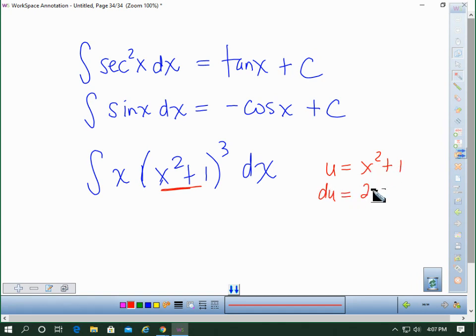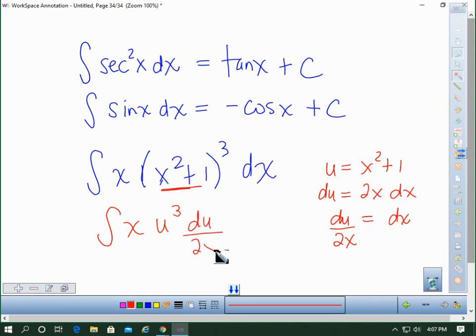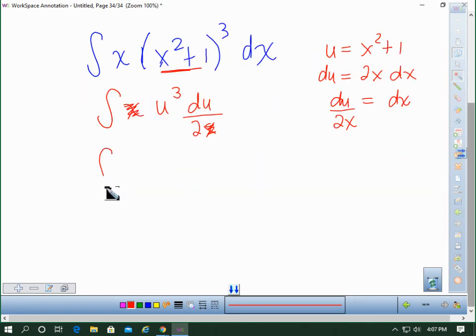So du would be 2x dx, and then we solve for dx by dividing by 2x. So that'd be du divided by 2x, and then we come over here and we trade out. We let that be u cubed, and in place of dx, we put du over 2x, and now the x's cancel. And then I told you to put things in order so that it makes more sense.